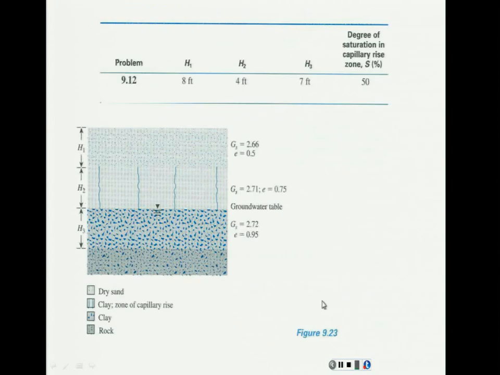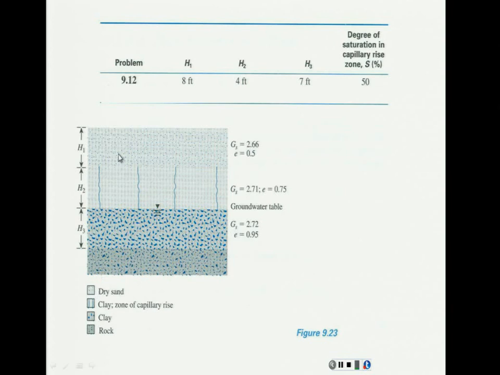In one example, what I told you is this. This is not seepage force, remember. This is capillary rise. So basically in this problem, we have a type of material here, and this zone is prone to capillary rise, with a height H2. And H3 is under the water table.